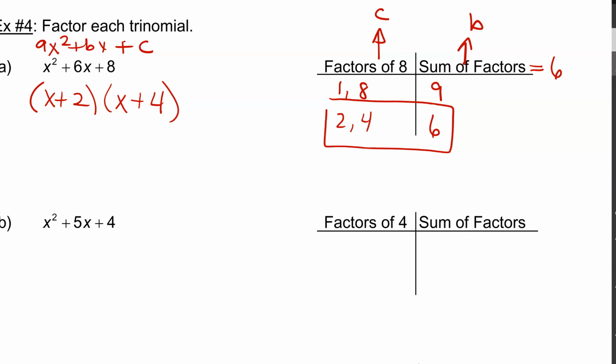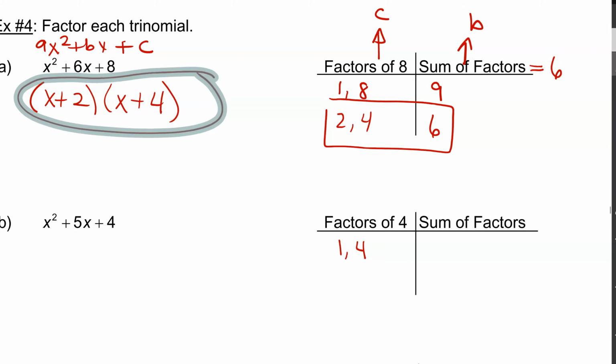Okay, so what is going to multiply to 4? Okay, factors of 4. 1 and 4, 2 and 2. Keep it in that form. Yeah, this is the factored form.